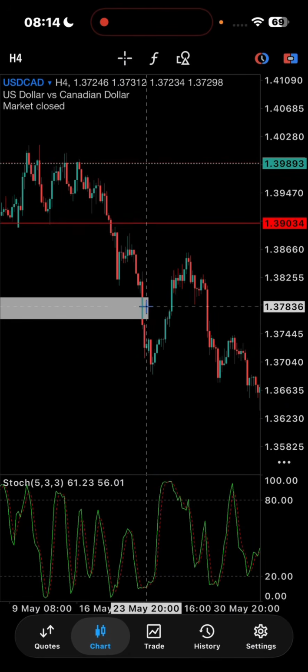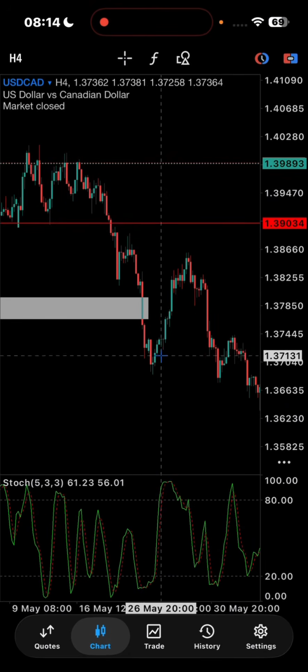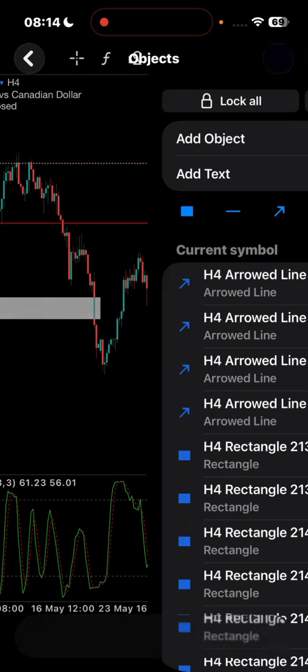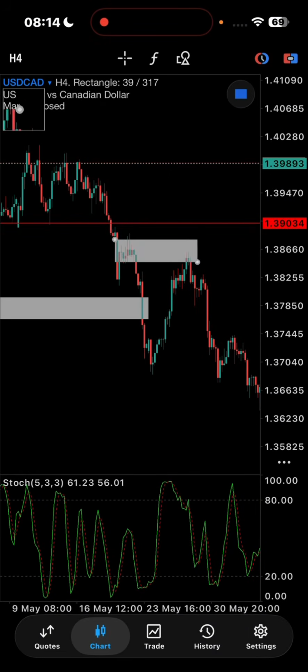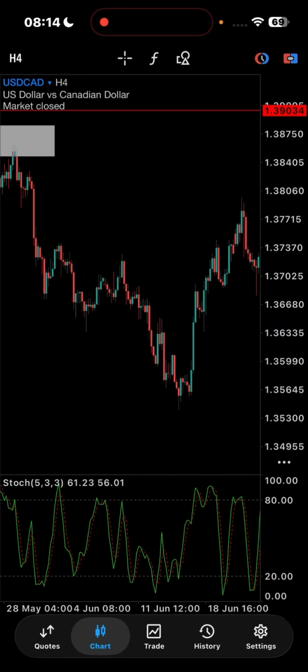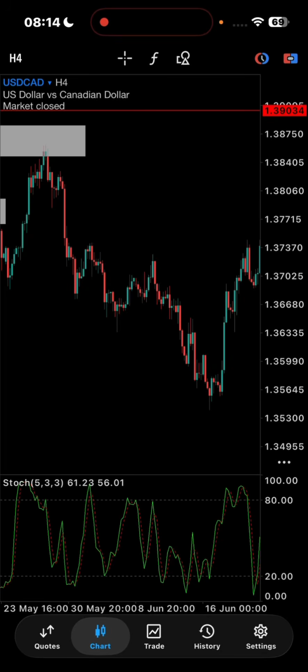The market didn't react to this zone, it just went straight to stop loss. And after that it came back to this supply area here, and then boom, it's a big profit.